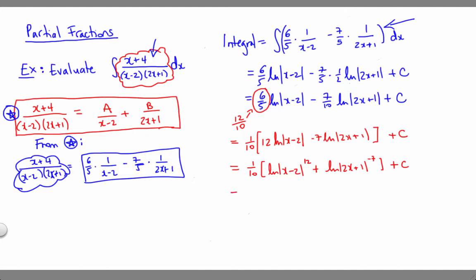Next up, we could use the product rule for ln. Here we've applied our product rule for ln, so we've now got a product sitting inside the ln function, and 2 more steps to go.